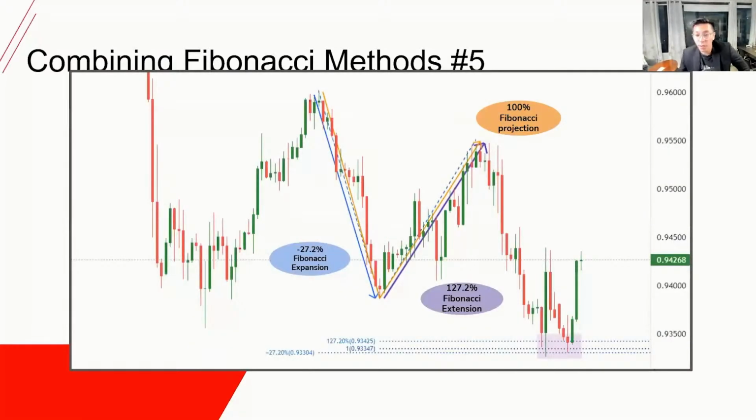So right here we have our projection level, top, bottom, and top. This shows FIB confluence, the negative 27.2% expansion and 127.2% FIB extension.